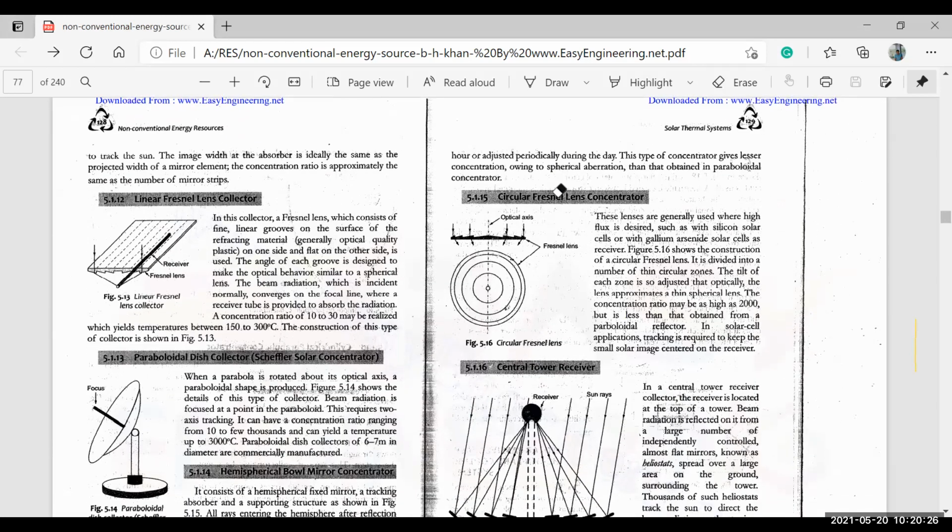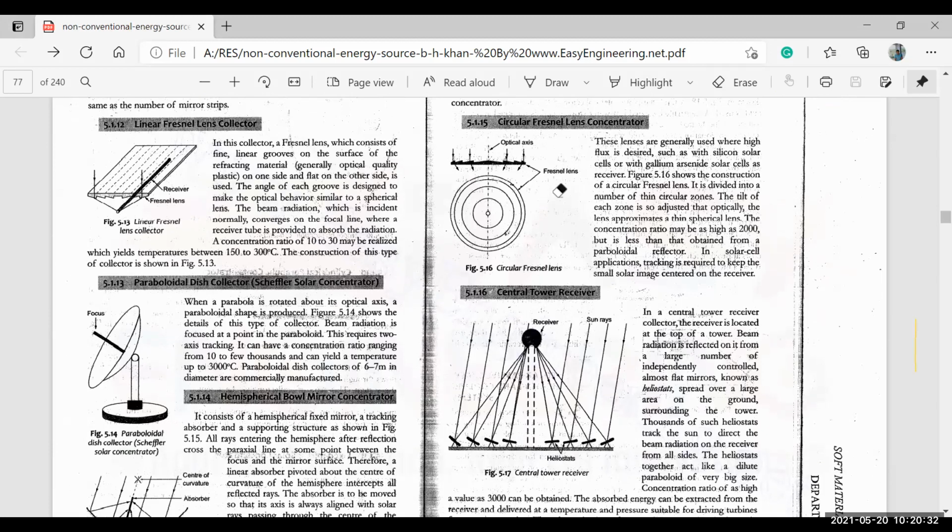And there is also the linear Fresnel lens collector. Everything I am explaining would be written in this context, so I am not going through it. See, this is your parabolic dish type, and this is your focus point.